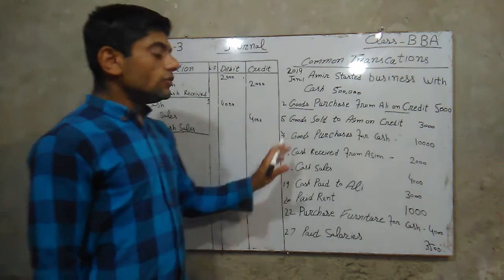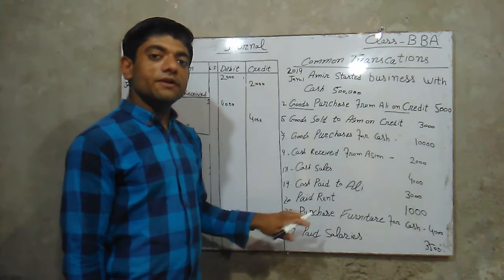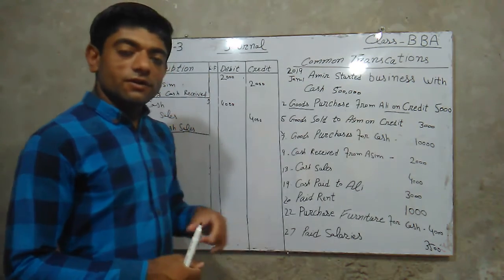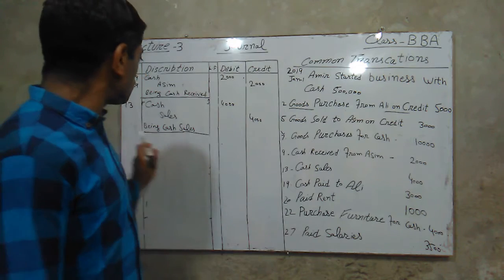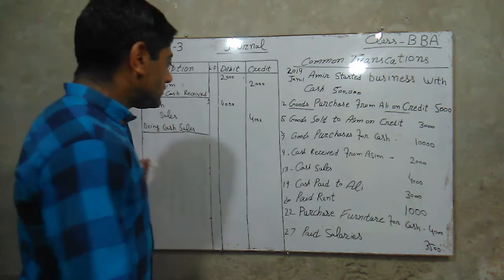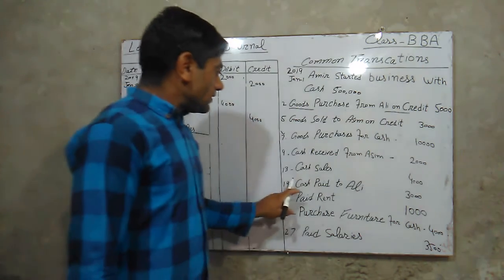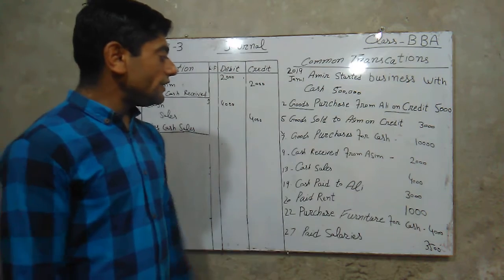Another point: write down all these transactions on a paper and keep it, so that you know these are common transactions of any journal question. So next, cash paid to Ali. Identify the accounts.